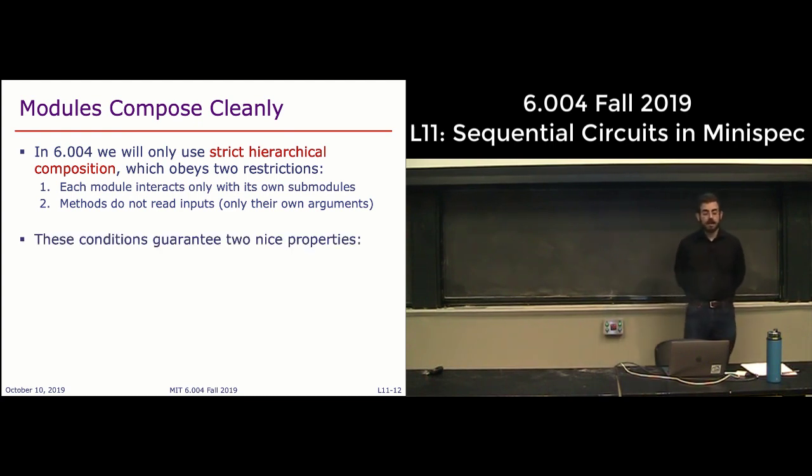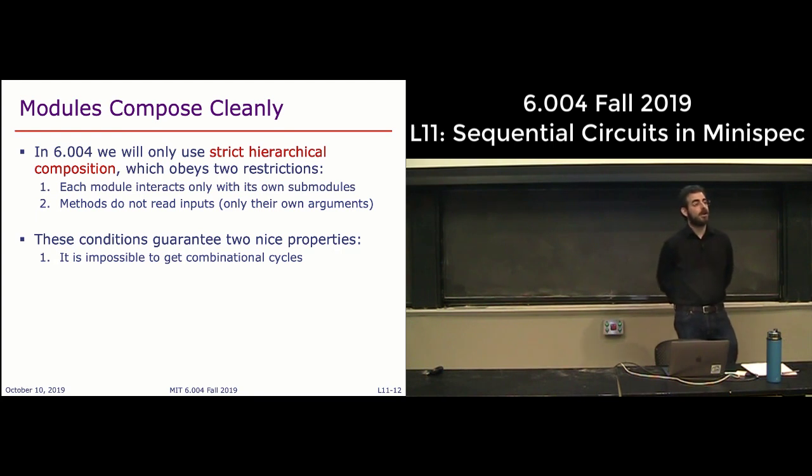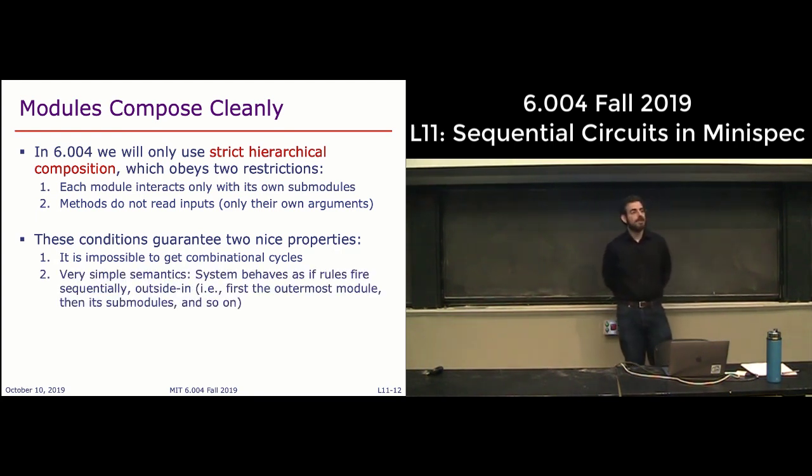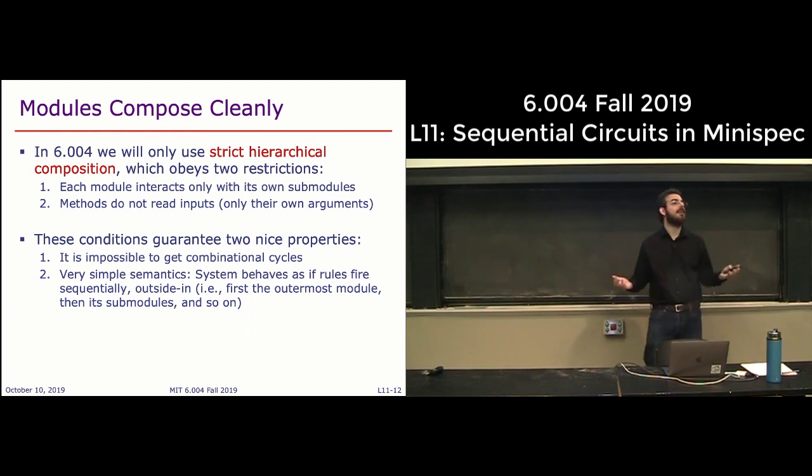If you do that, you get two nice things. The first one is that there are no combinational cycles ever. The second one is that you get these nice composition semantics, where rules fire sequentially from the outer modules to the inner modules. So the system behaves as if you have this very predictable order where things are happening, even though in fact you have a bunch of parallel logic and a lot of parallel actions going on.